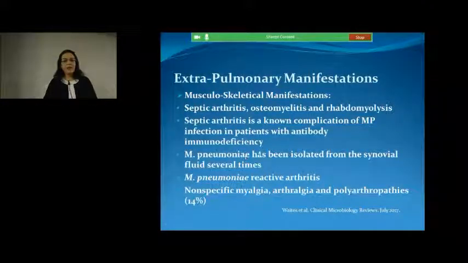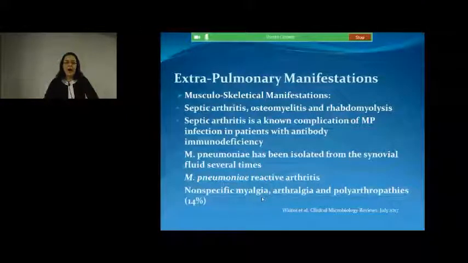Mycoplasma pneumoniae has been isolated from the synovial fluid several times, but the microorganism has also been found to cause reactive arthritis. And also, in 14% of the cases of pneumonia, myalgia, arthralgia, and polyarthropathies may be present, and they may last for a long period of time, weeks or months.